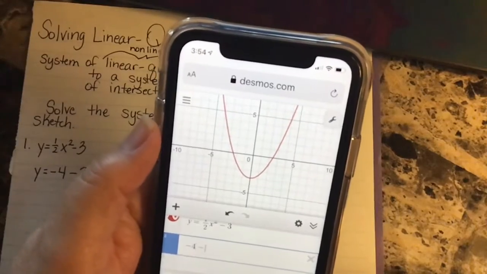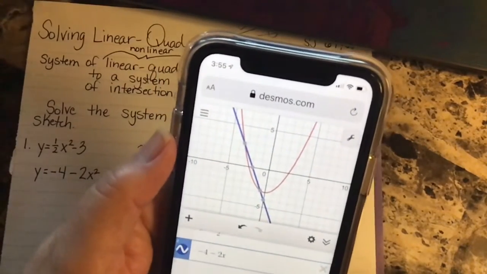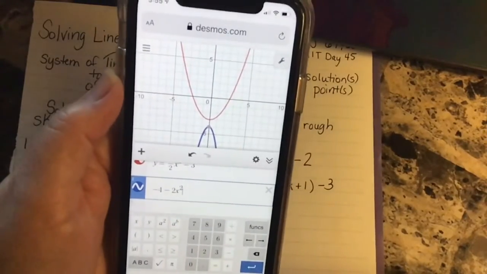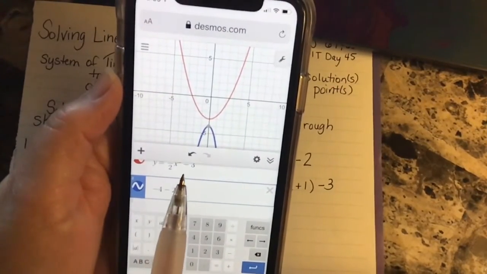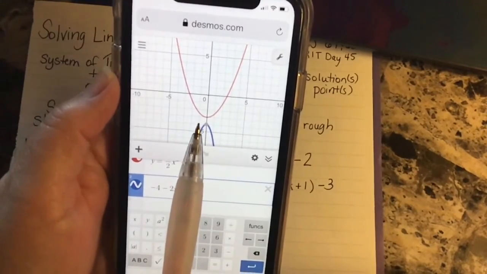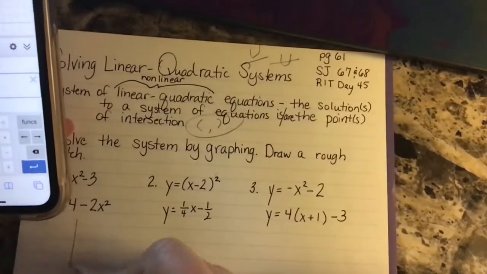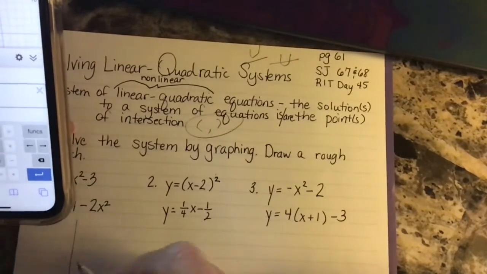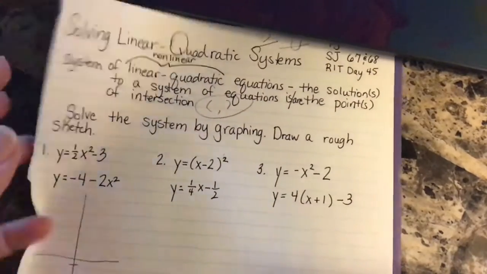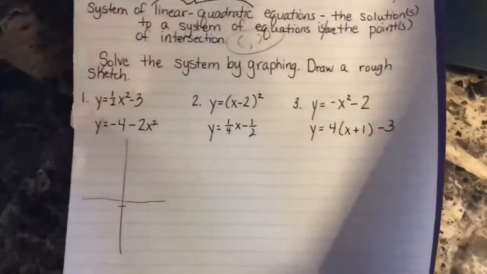And here's my second one: -4 minus 2x squared. Look, here's the second one, there's the first one, and what's the point or points of intersection of those two? None. There's no point of intersection, so we're going to draw a rough sketch.